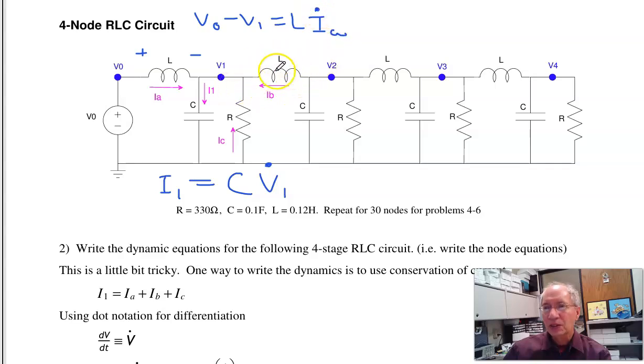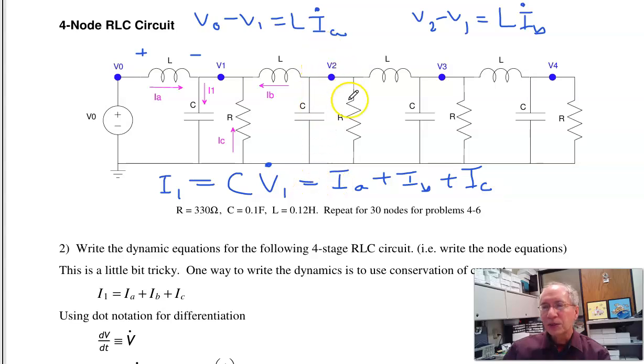I know that over here, V2 minus V1 is L di/dt, L IB dot. I know that I1 is IA plus IB plus IC. And here's the trick.